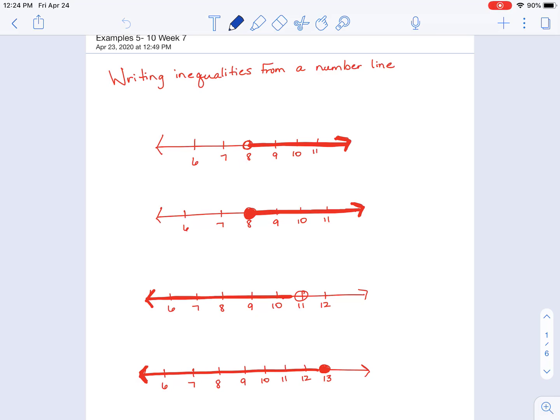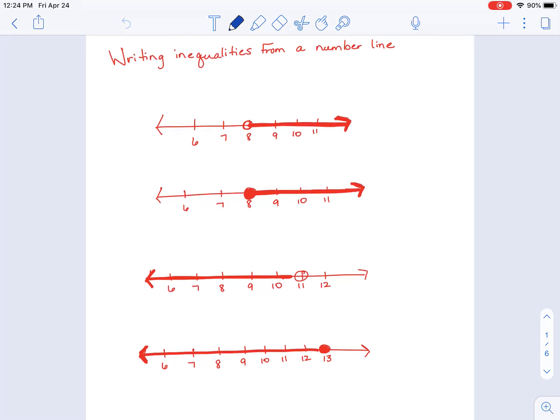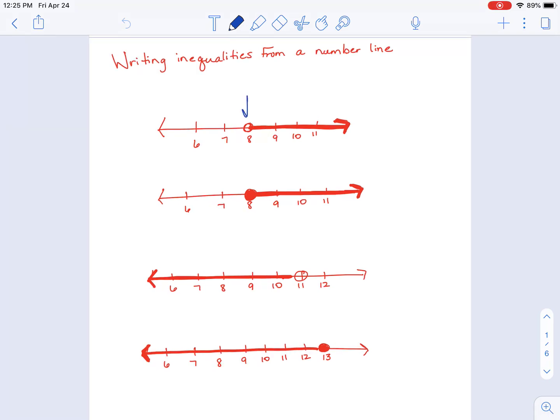So what we do is we graph them on a number line, and I have 4 examples right here for us to look at. Now, one thing I hope you notice is the number they start at is either what we call an open circle, like right here and right here, or a closed circle like we have here and here.